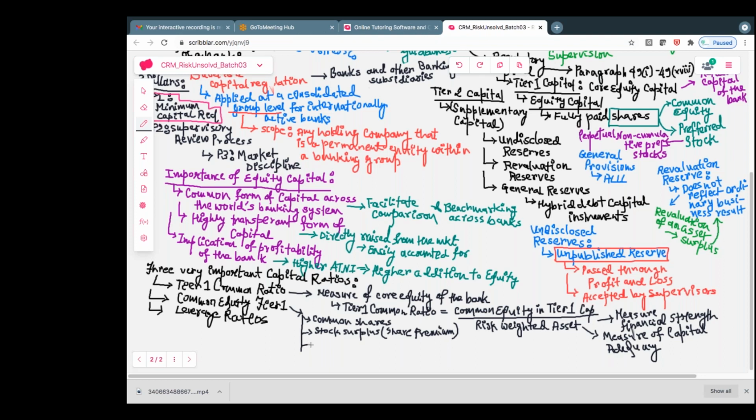The stock surplus or the share premium, right? So the next part that we have over here is the retained earnings.